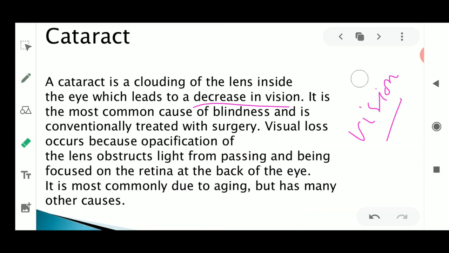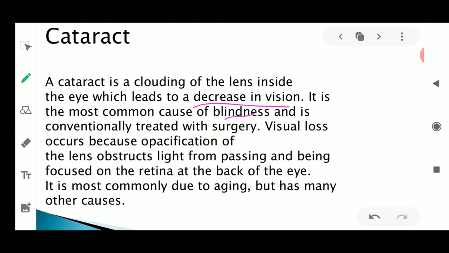Now it is the most common cause of blindness. If the cataract is not treated at a proper time, it leads to blindness, and the only way by which it is removed is surgery. We need to replace that lens where this cloudiness has occurred.